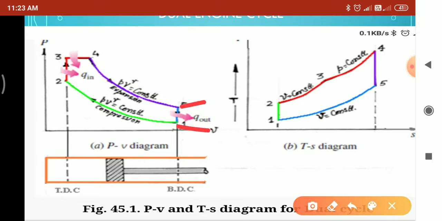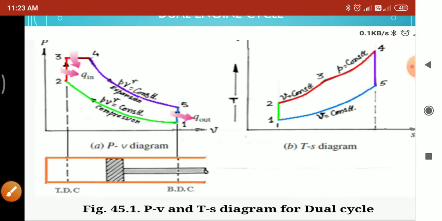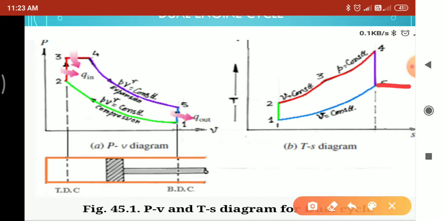The last process, 5 to 1. In this process volume remains constant, heat is rejected from the system to the atmosphere, temperature drops from T5 to T1, and pressure drops from P5 to P1.